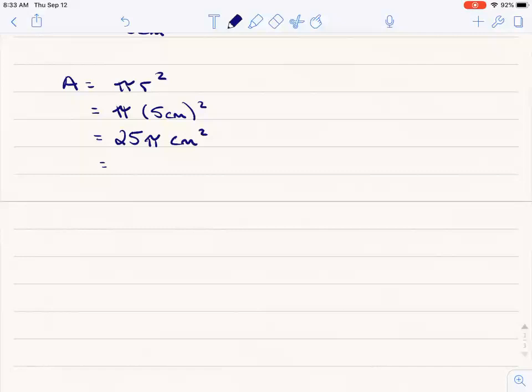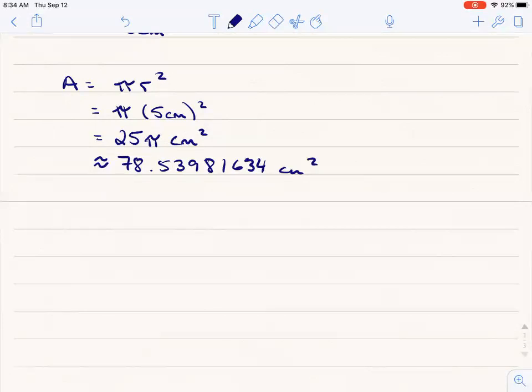25 times pi, oops, hit the wrong button. Is approximately equal to 78.53981634 centimeters squared.